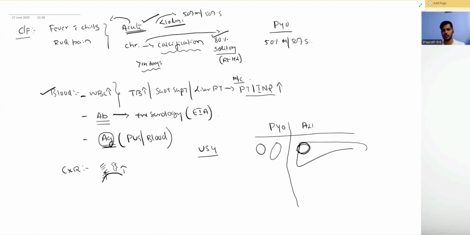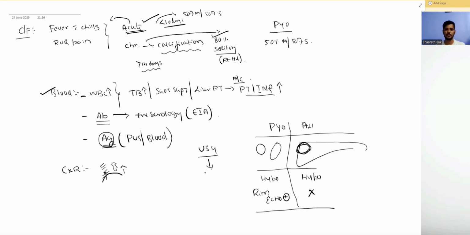So it is an oval lesion at the periphery, which is abutting the liver capsule. And the contents are hypoechoic because it is an abscess. Here also, because it is an abscess, the contents are hypoechoic. But here in the pyogenic abscess, there are rim echoes present because the neutrophilic infiltrate is there. But here, all these neutrophils are destroyed by these organisms. The rim echoes are not present. That is a major differentiating factor in the ultrasound.